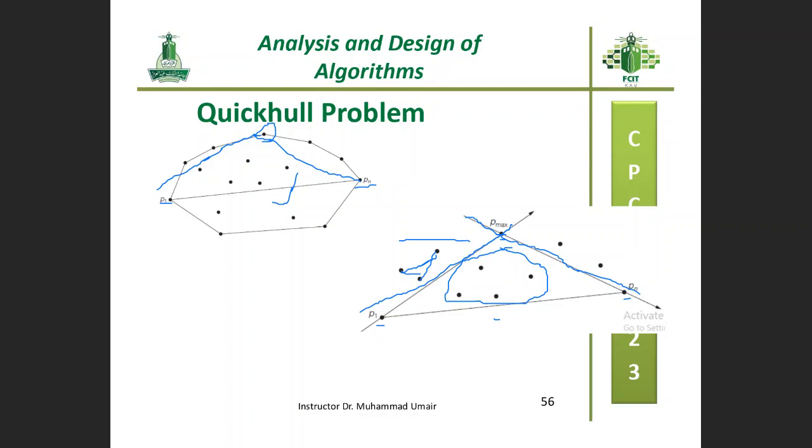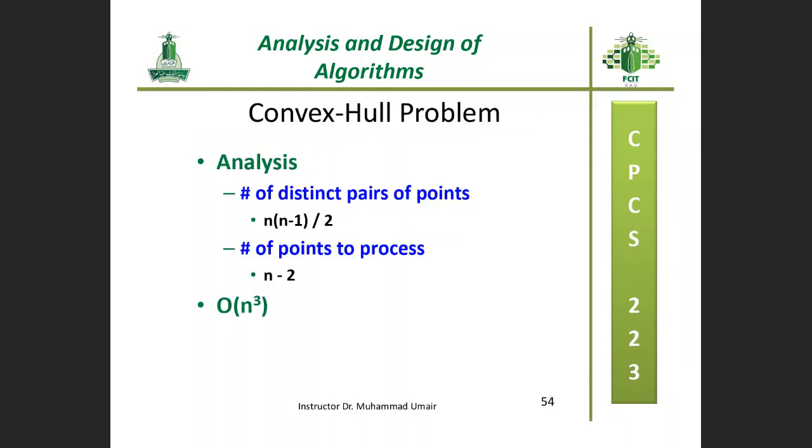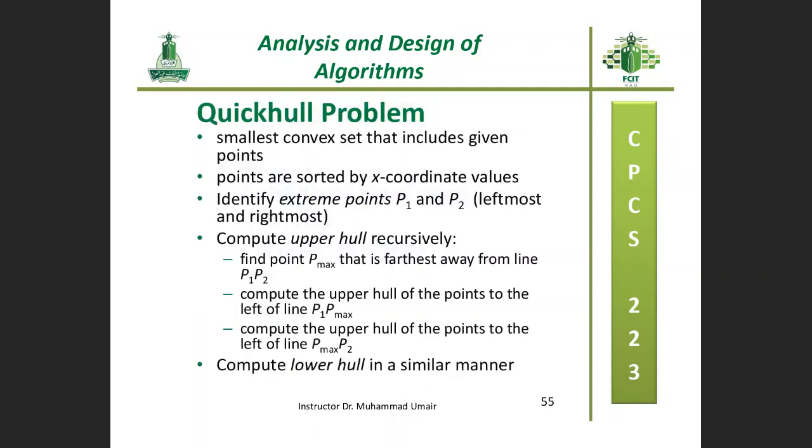So this is called the divide and conquer approach, and its worst running time will be n square, which is better than n cube. So is the difference between the brute force technique of solving the convex hull problem and the divide and conquer approach clear or not?